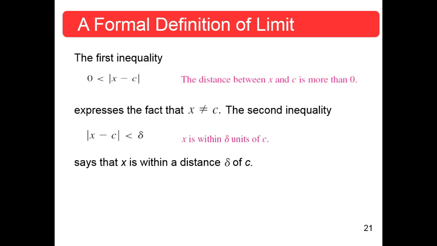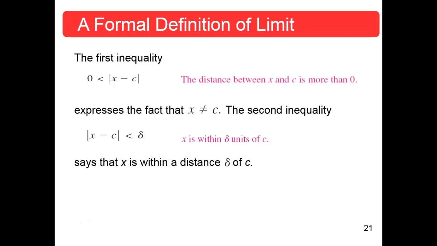The second inequality says that x is within delta units of c. That means you're close to c. It can't be on c, but it can be very close. So x is within a distance delta of the value c.